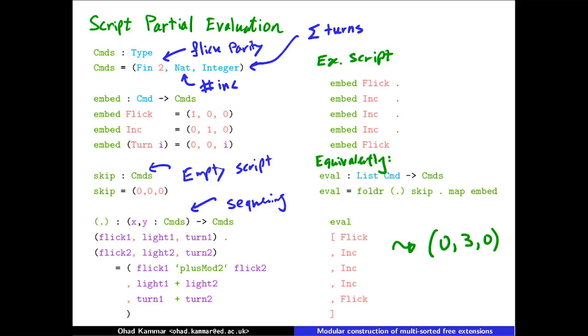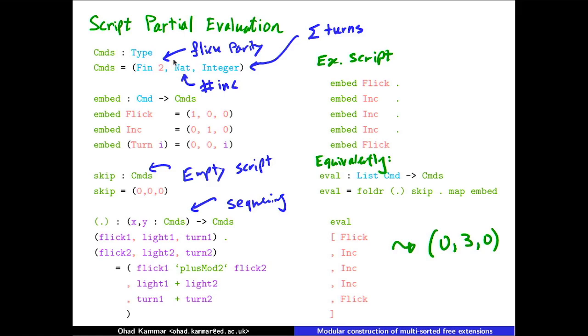So I have my list of commands, but I'm going to represent them with this commands type, which is much more compact than a list of commands. It takes into account the equivalences that I know hold when I interact with the state.